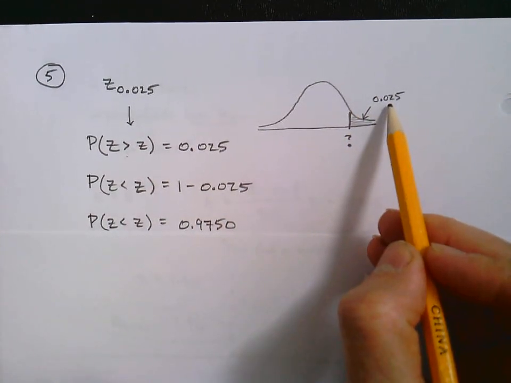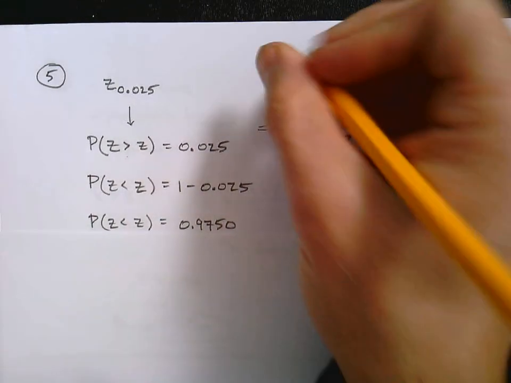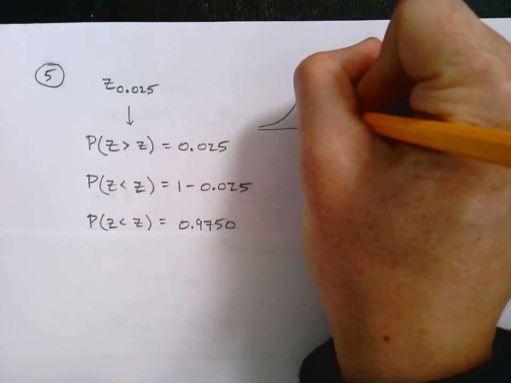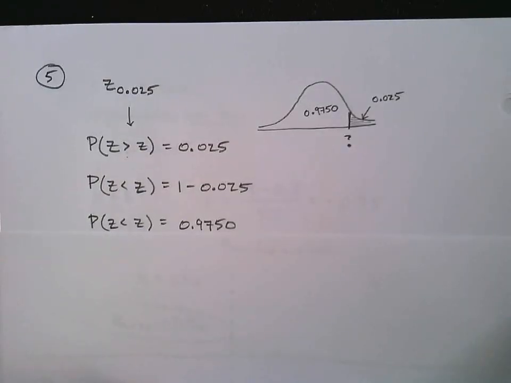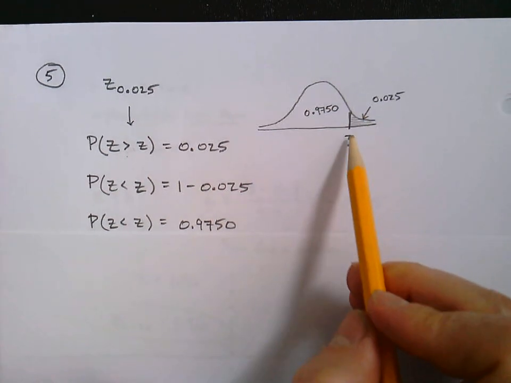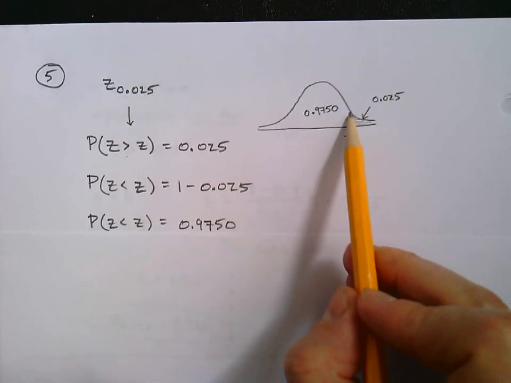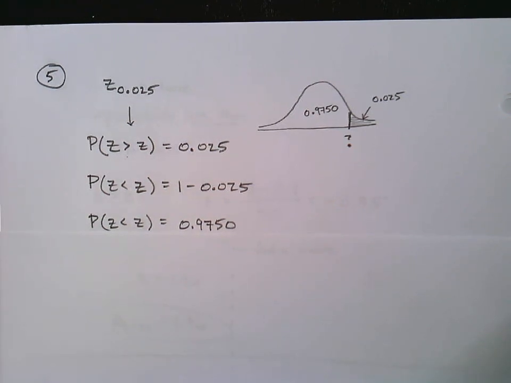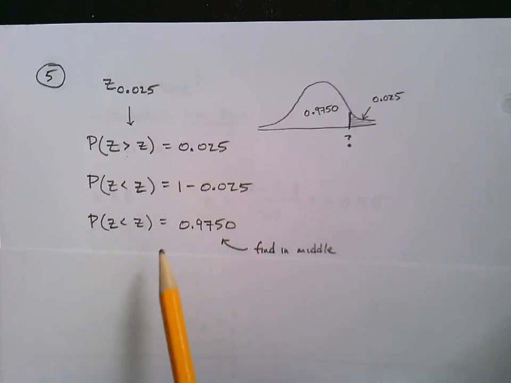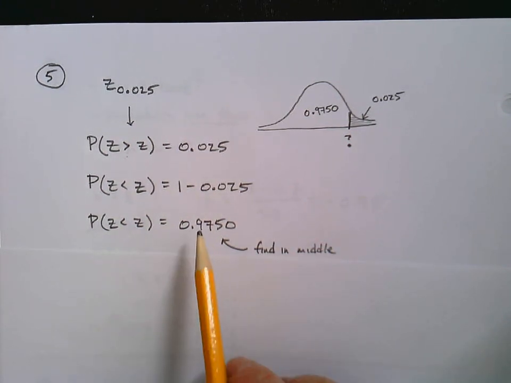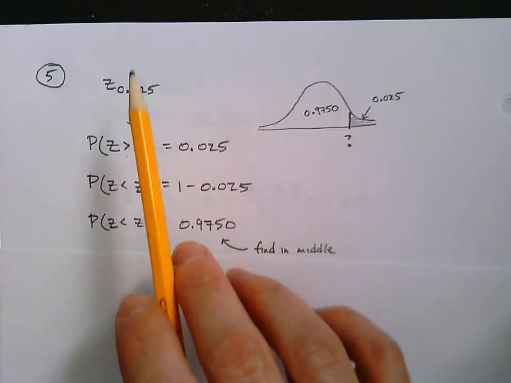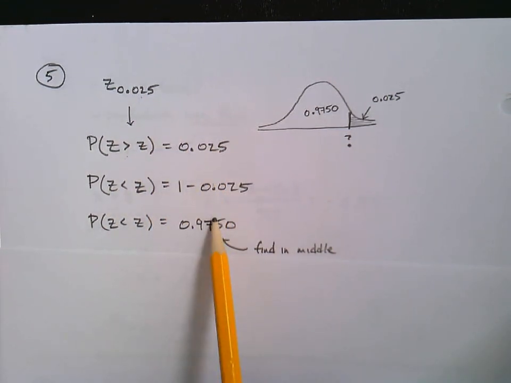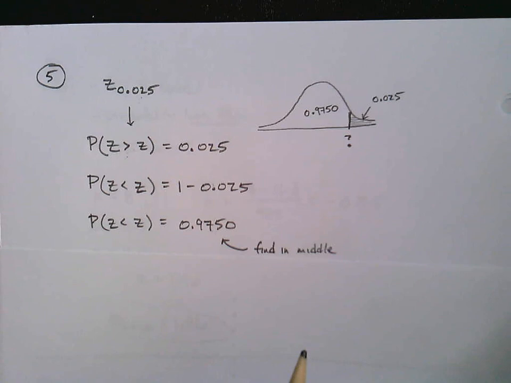I know if that's 0.025, then the rest of this must be 0.9750. And my table now is going to work. I can find the z-score with this much area to the left below it. And at this point, it's really exactly the same question as practice problem number 4. I just had a little bit of work. I had to do the complement of that number to get myself in position first.